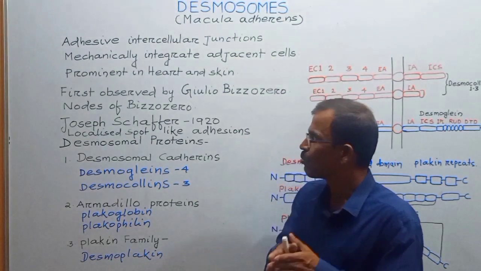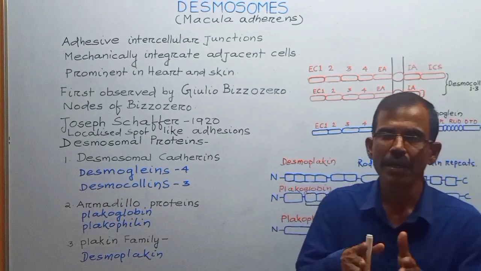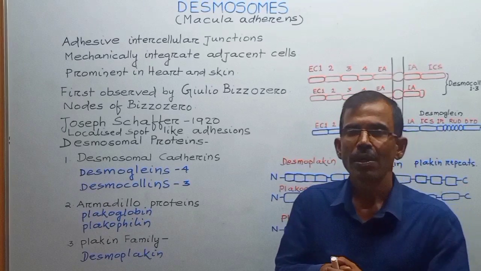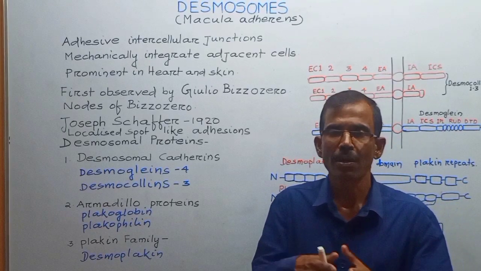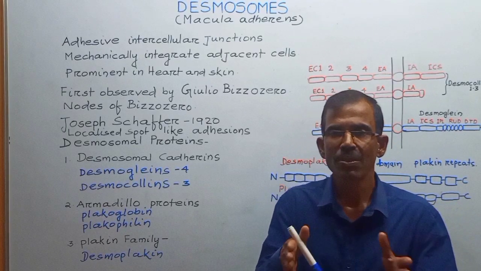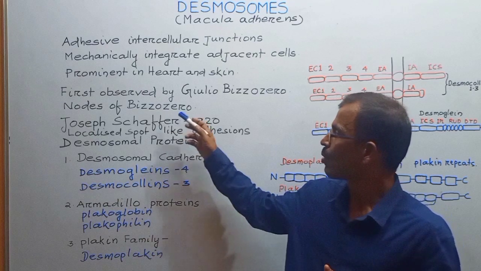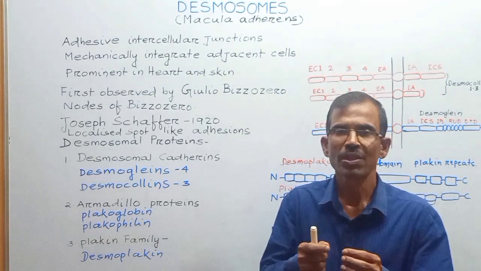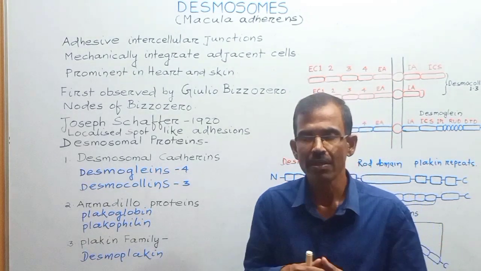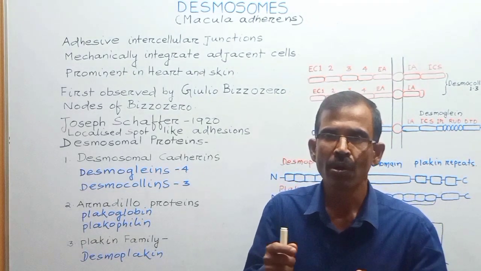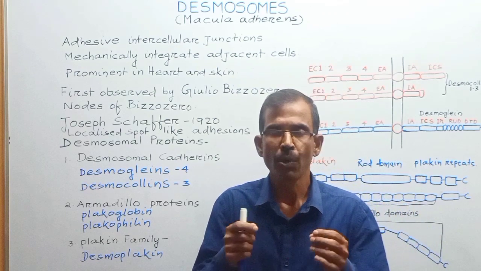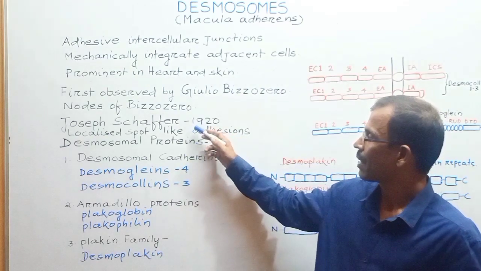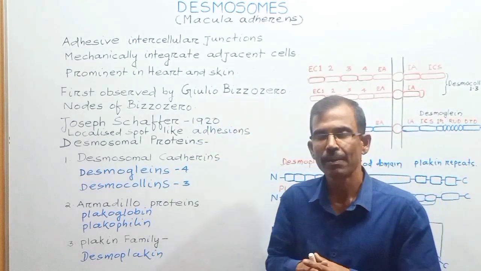The desmosome was first observed by an Italian pathologist, Giulio Bizzozero, in the spinous layer of the epidermis. They were subsequently named the nodes of Bizzozero. The term desmosome, which is derived from two Greek words, desmo meaning bond and soma meaning body, was coined by Joseph Schaffer in 1920.